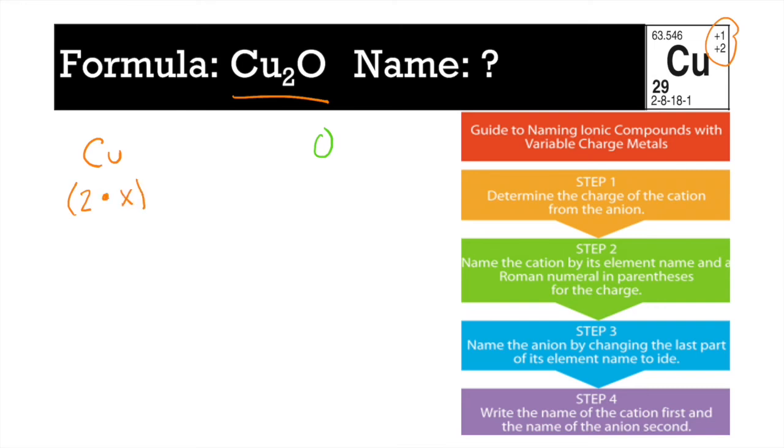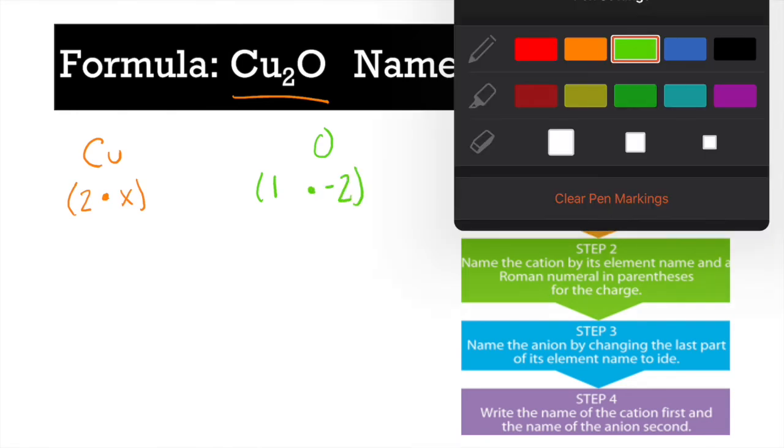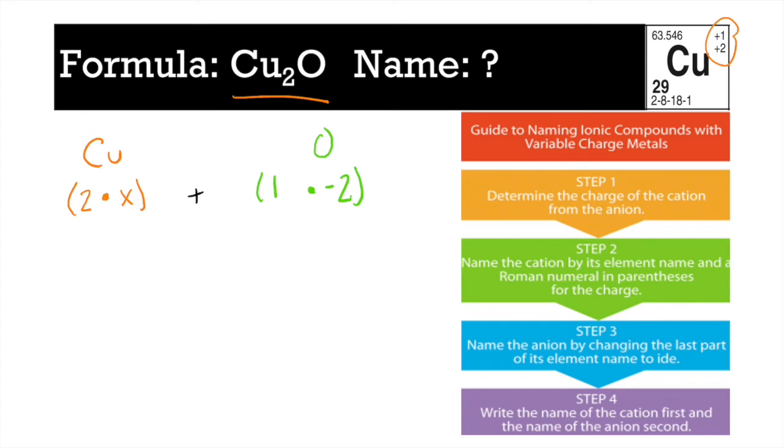We don't know which charge we're using. We have one oxygen, and we know it's -2. And what we know about compounds, if we add the positive and the negative, it should give us 0. So with that, go ahead and figure out what the charge of copper should be.